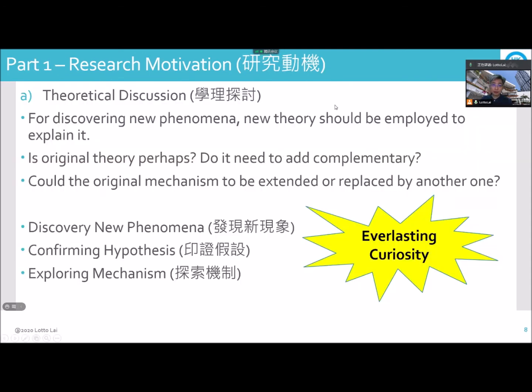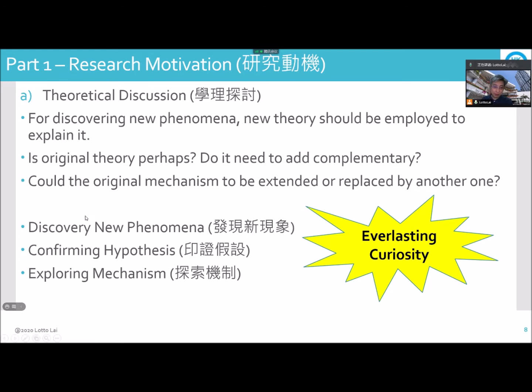First is theoretical discussion. For discovering new phenomena, a new theory should be employed to explain it. Does the original theory still hold, does it need complementary additions, or could the original mechanism be extended or replaced by another?